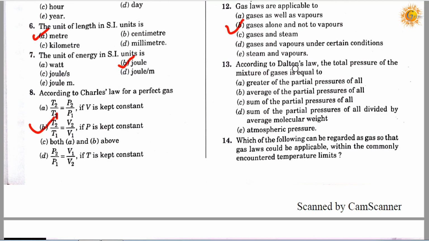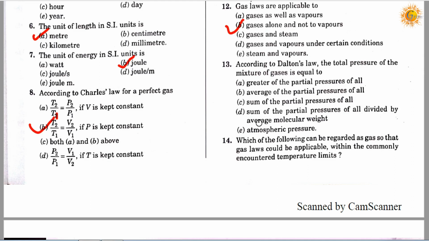According to Dalton's law, the total pressure of the mixture of gases is equal to: option A, greater of the partial pressure of all; option B, average of the partial pressure of all; option C, sum of the partial pressure of all; option D, sum of the partial pressure of all divided by average molecular weight; option E, atmospheric pressure.